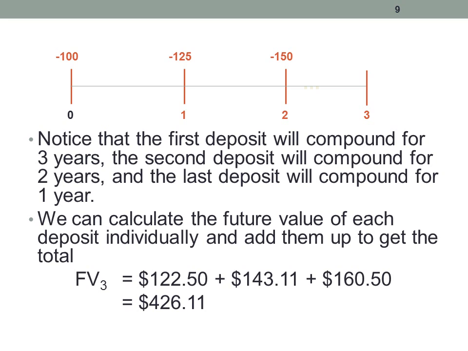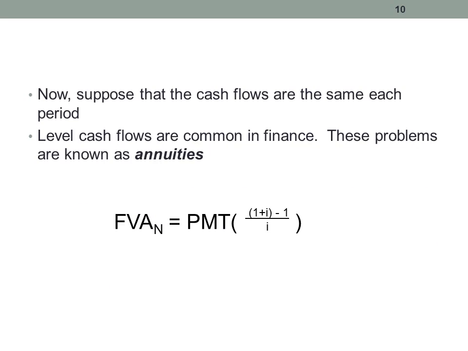You'd just take each deposit and compound it for whatever number of years that it's deposited. Like the first $100 is deposited for 3 years, so you'd figure out the future value of that $100 at 7% interest for three years. The second amount, the $125, is in there for 2 years, so you would look at the future value for 2 years and add all those up and calculate their value.